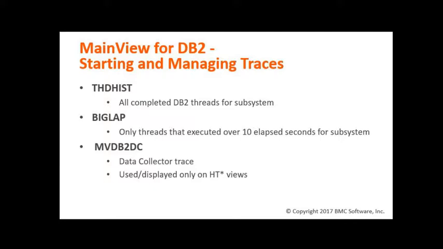The MV DB2 DC is known as the data collector trace, and this should be the trace that is only used and displayed on the HT views. The slides which follow in this section pertain specifically to the thread hist and big elap and user-initiated application traces.